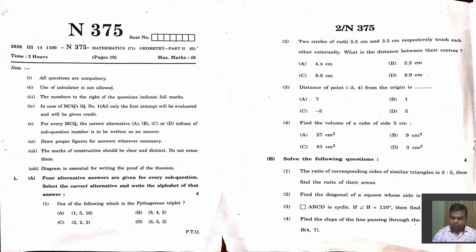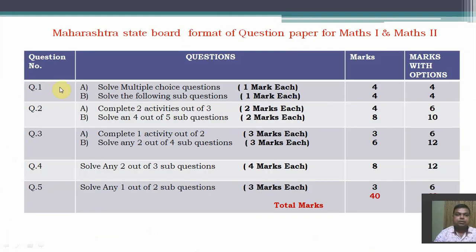Now question number 1B. See question number 1B. Solve the following sub questions. 1 mark each. 4 marks. Marks with option 4. In question number 1B, 4 questions will be asked without any extra question. You have to attempt all 4 questions and one question will carry 1 mark.